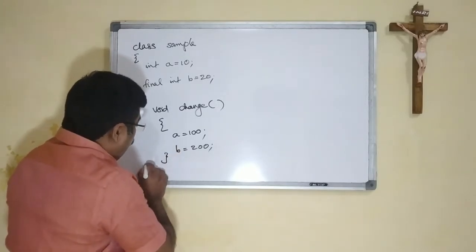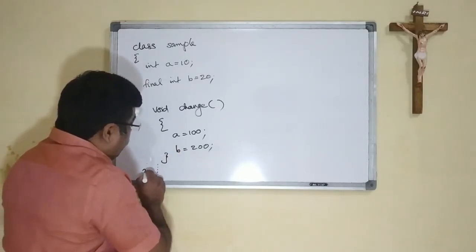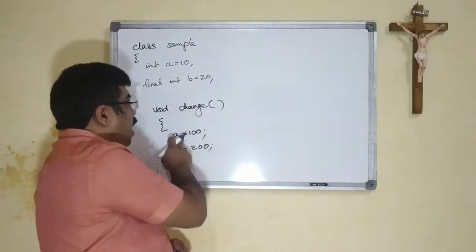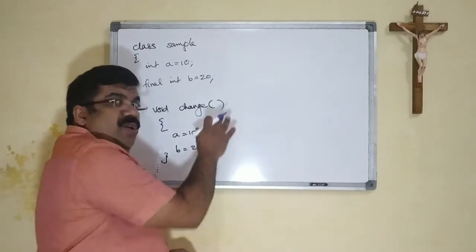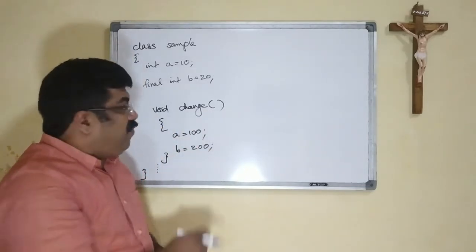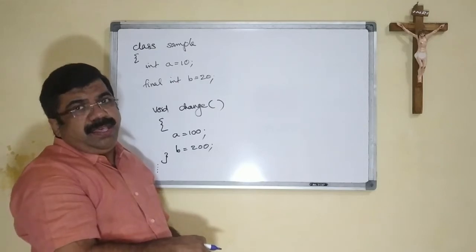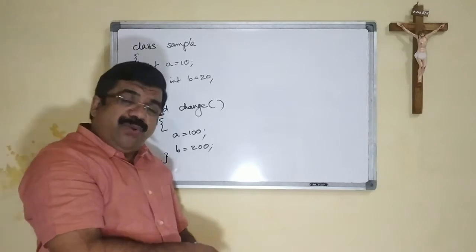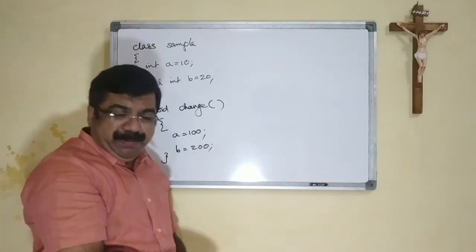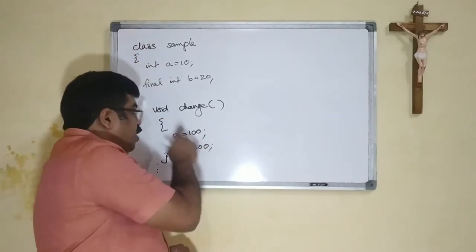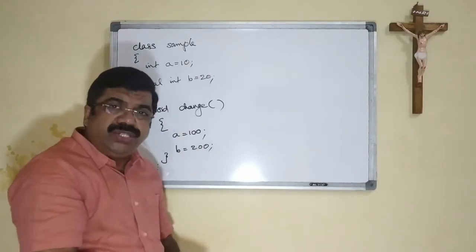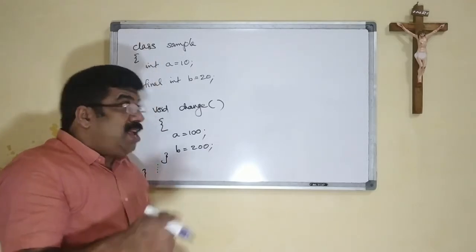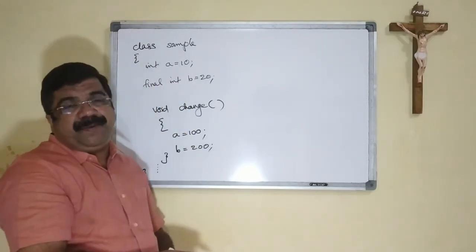Now, when we compile this program, what will happen? The first line of the change function will not produce any error because we can change the value of a variable. The second one is trying to change the value of the variable b, which is declared as a constant.